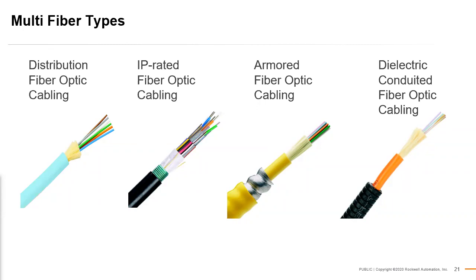But in general, what we have here is whether the cable's armored or not armored, and what type of armor you have on it. Typically all of these cables we're looking at for panel to panel, patch panel to patch panel interconnection. So that's where these are typically going to be used, where you're going to have to put terminations on the end of them once you get them there.